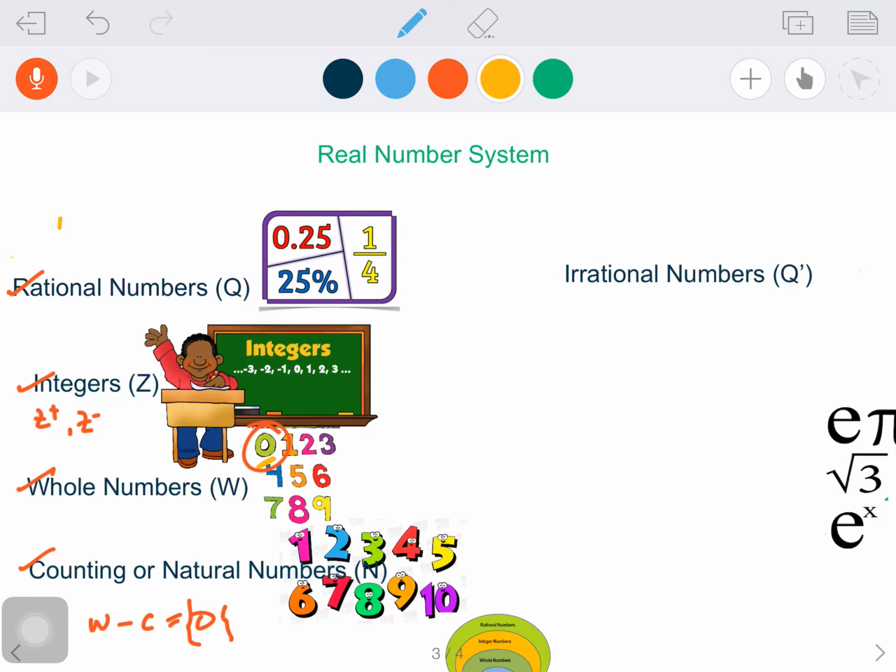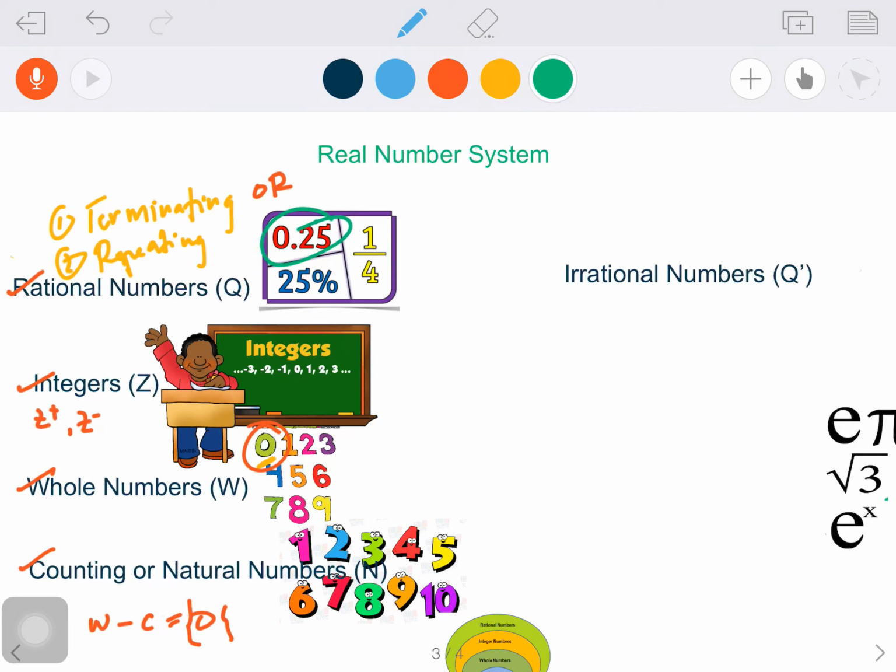The first condition is that rational numbers in terms of decimals are decimals that are terminating. Okay, what's the meaning of terminating? It means it ends. Terminating, and I would like to highlight this, or number 2, repeating. So when you talk about terminating decimals, it ends, like in this example, you have 0.25.